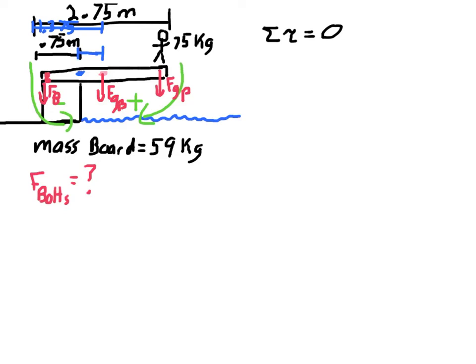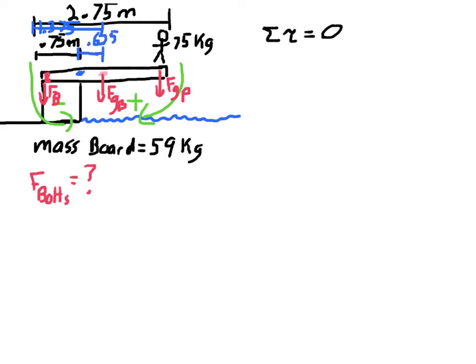Now, if that entire length right here is 1.375, and this point right here is 0.75, 1.375 minus 0.75 will give me this part right here, which is 0.625.